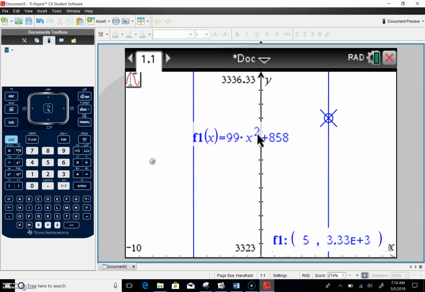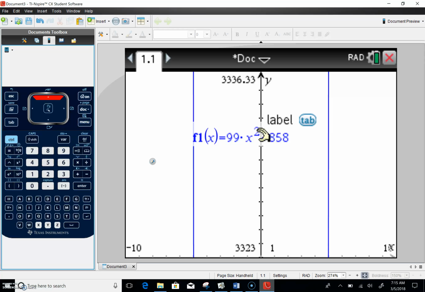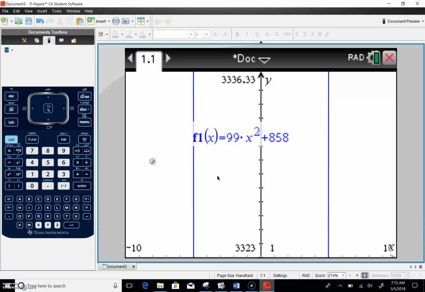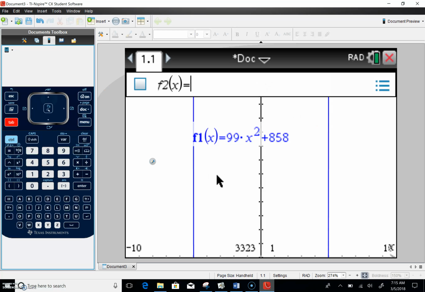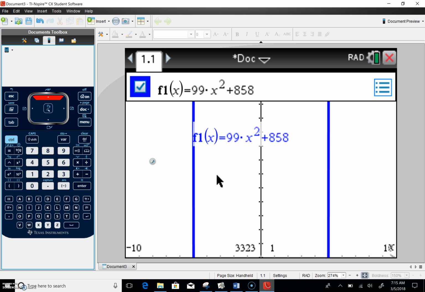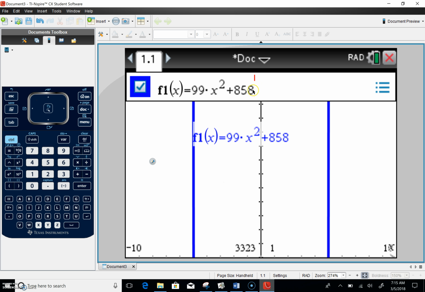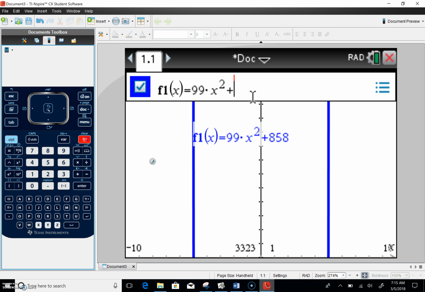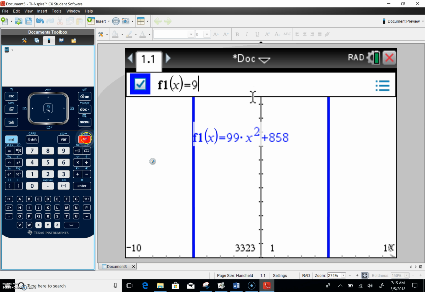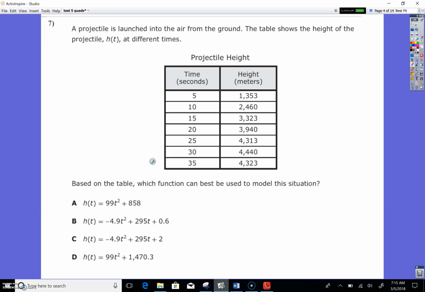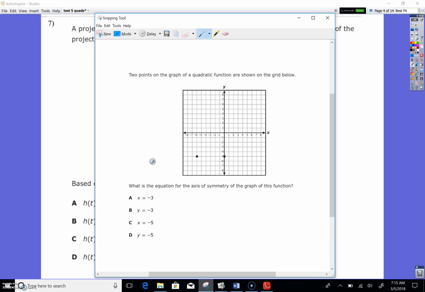Control T gets us out of there, and I'm going to tab. Negative 4.9x squared, see what the rest of it is, plus 295x plus 0.6.